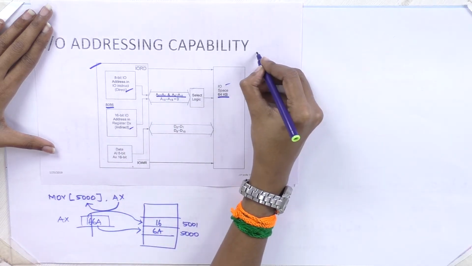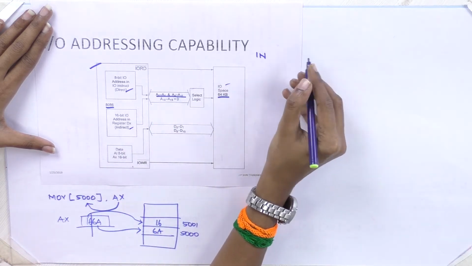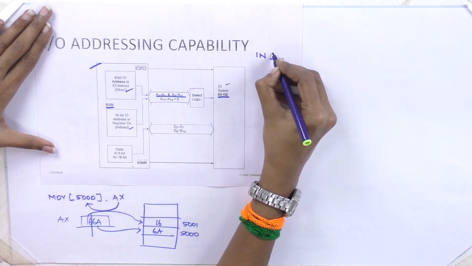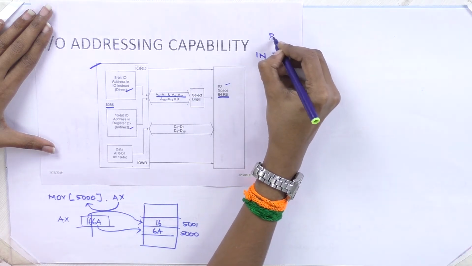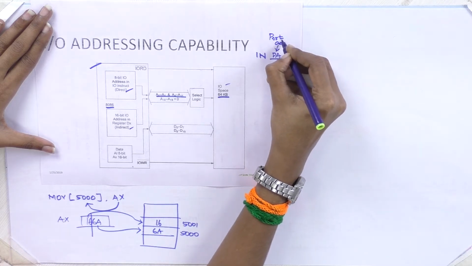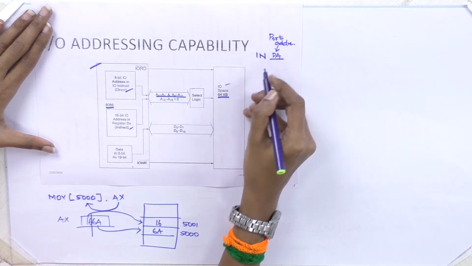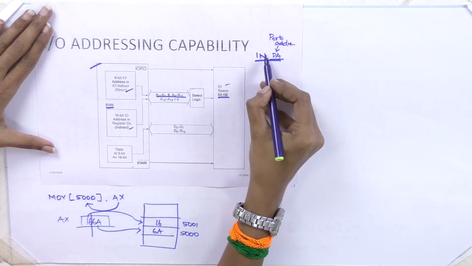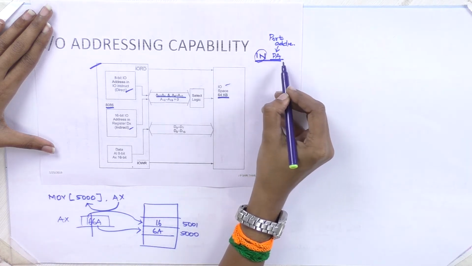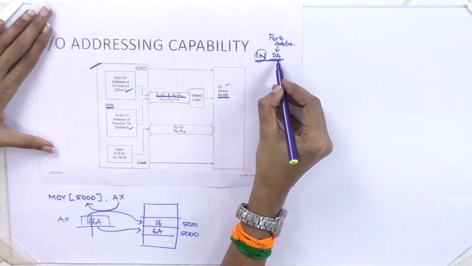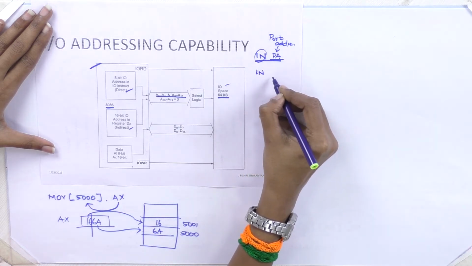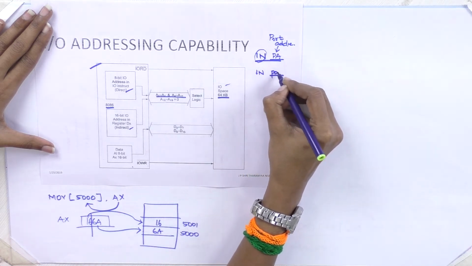Direct means that in the instruction you directly mention the port address, PA, which is the port address. This is the instruction format: you mention the operation and then the port address.